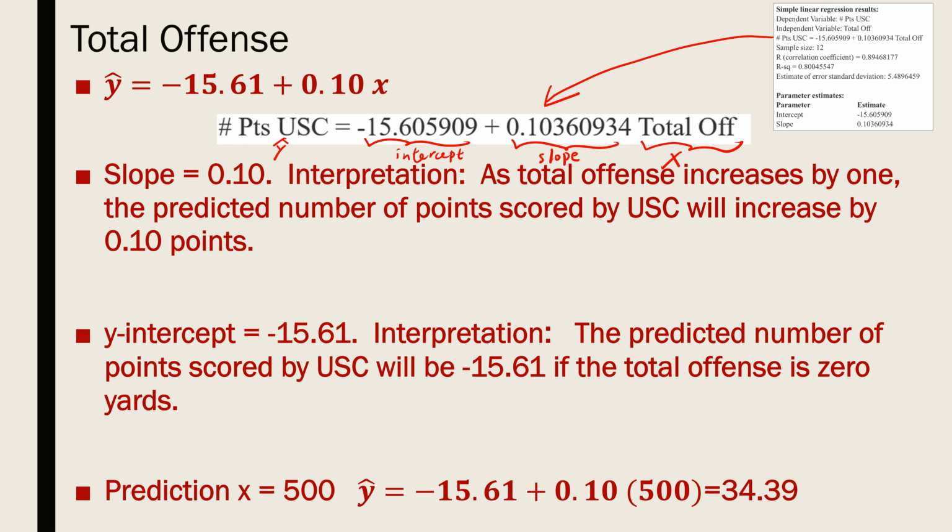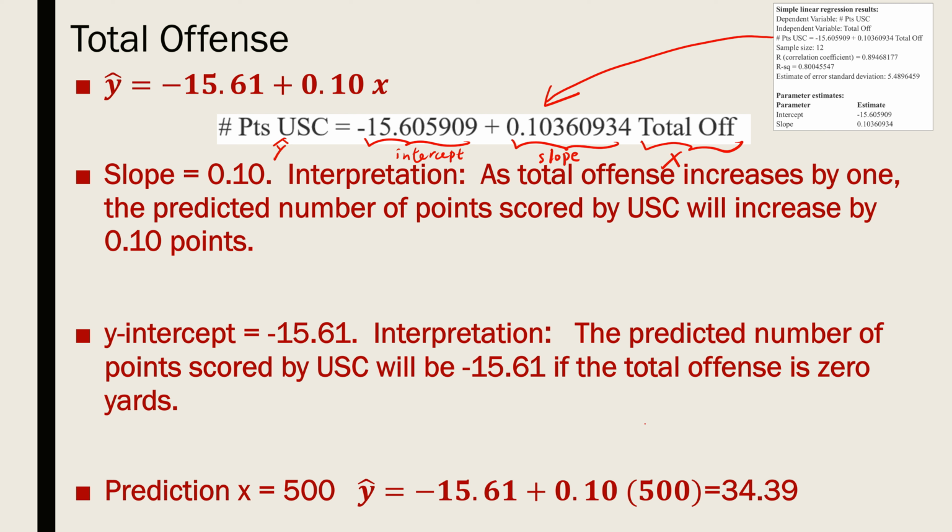The prediction at x equals 500 can be calculated in this way. Y hat equals negative 15.61 plus 0.1 times 500, which equals 34.39.